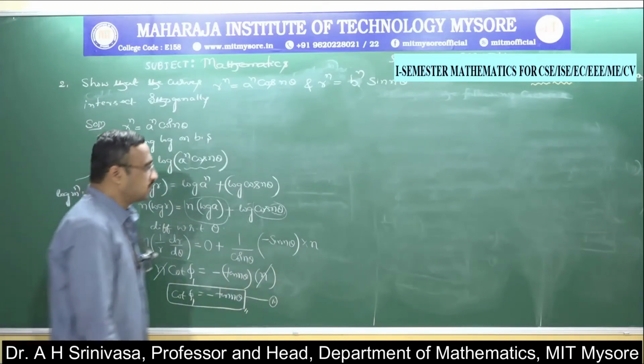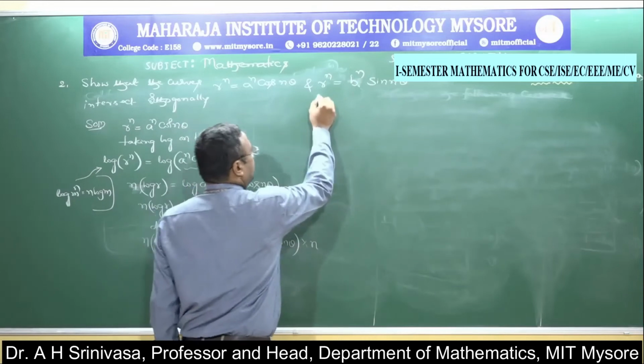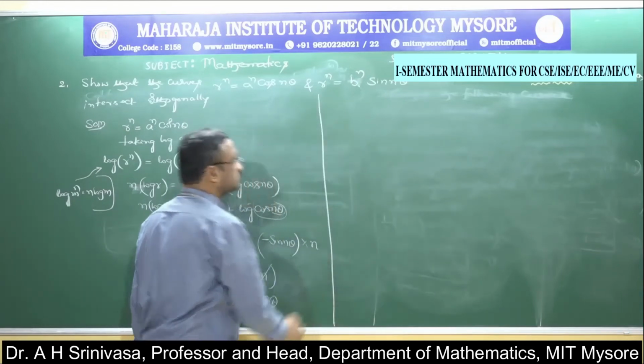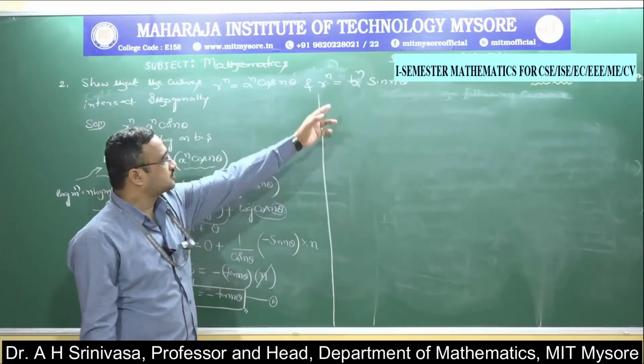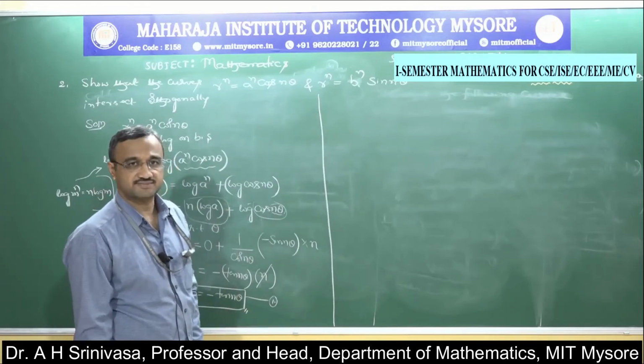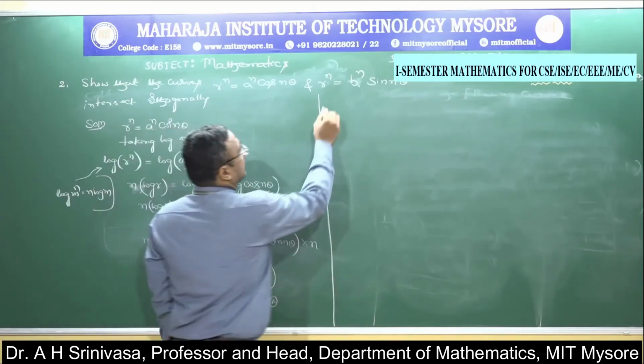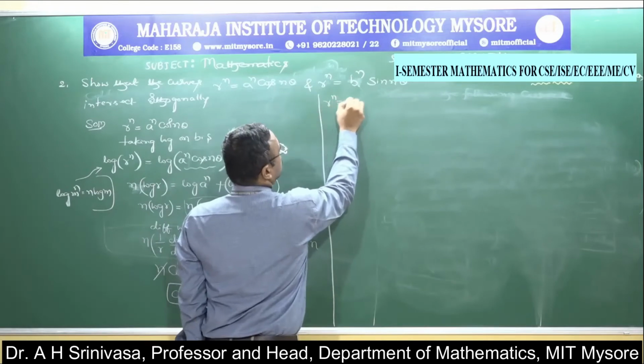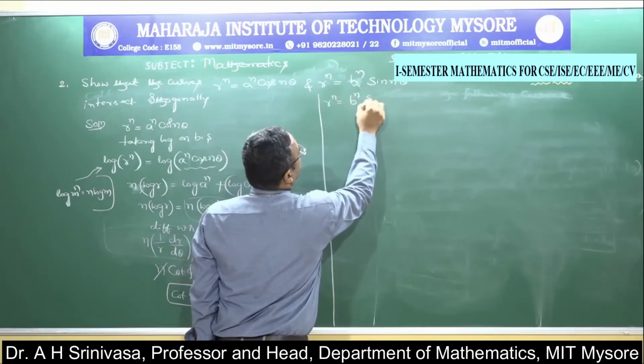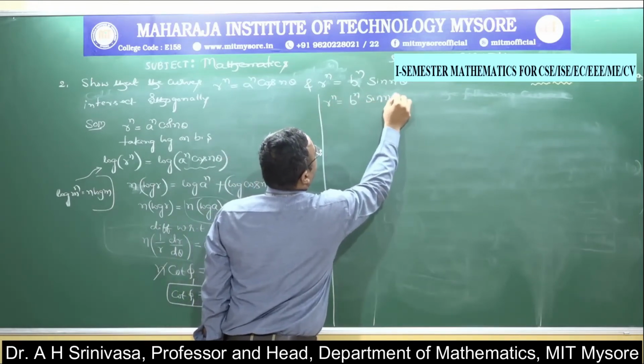The same procedure we adopt for the second equation. So again, r power n should be equal to b power n sine n theta.